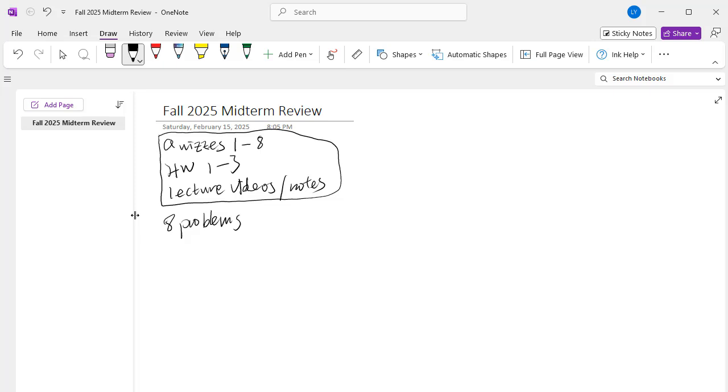I'm expecting, if you use 55 divided by 8, it's about 7 minutes for each problem. But I think for a lot of problems you can probably get it done within like 2 minutes. So I'm trying to make the numbers easier to calculate, but keep in mind that no cheat sheet is allowed.